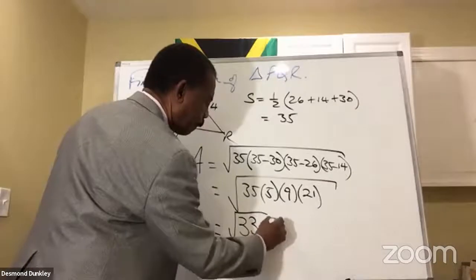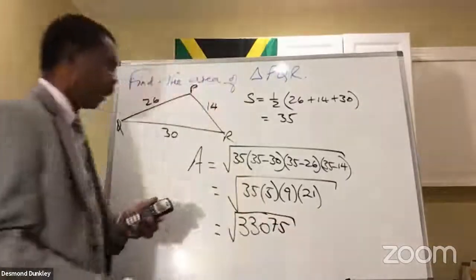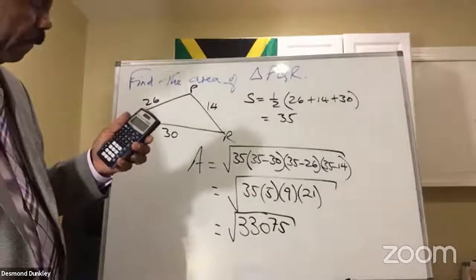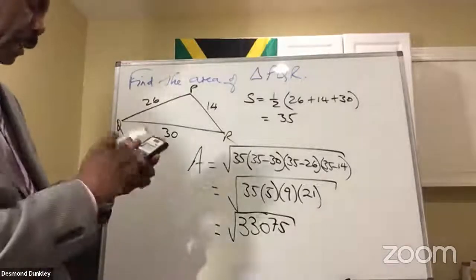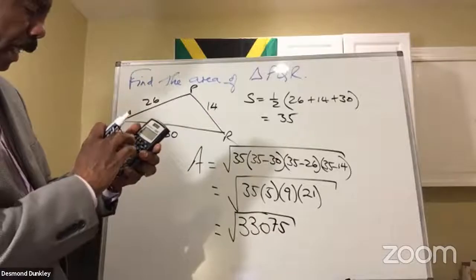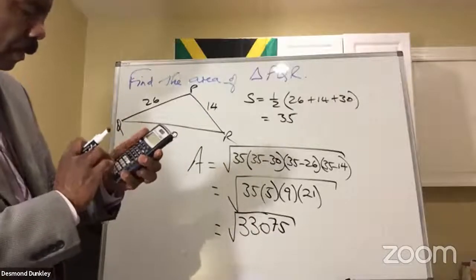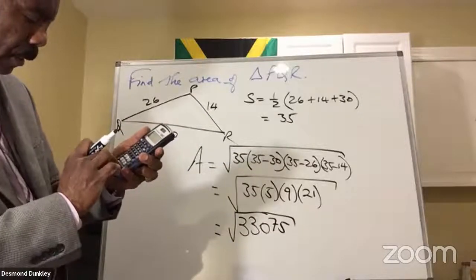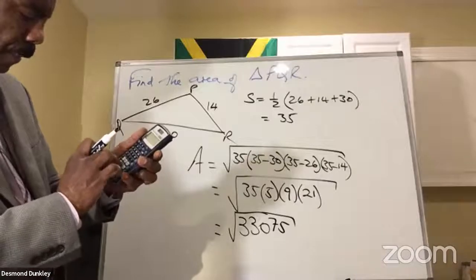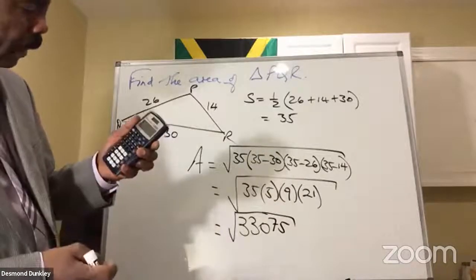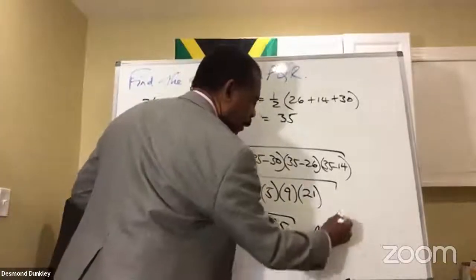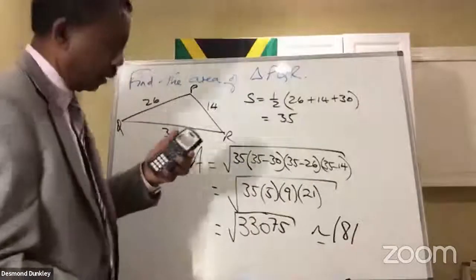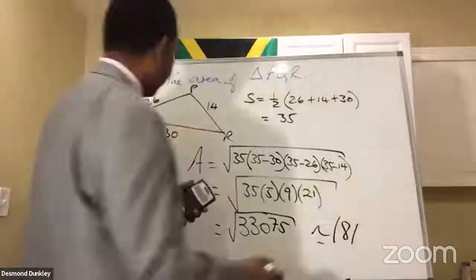33075. 35 times 45 times 21 is 33075. I just need to find the square root of that, and we end up with approximately 181.9.